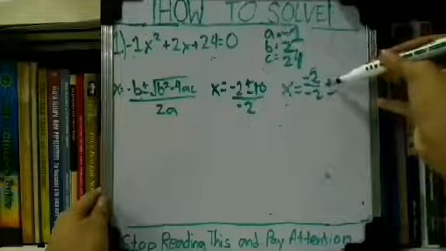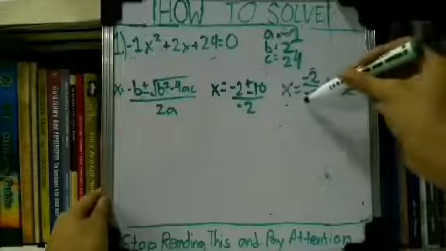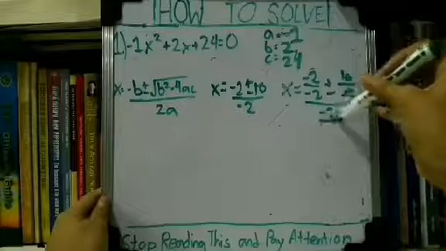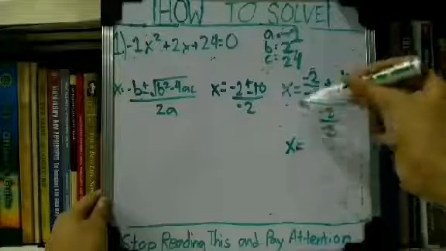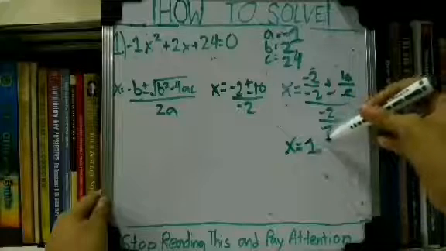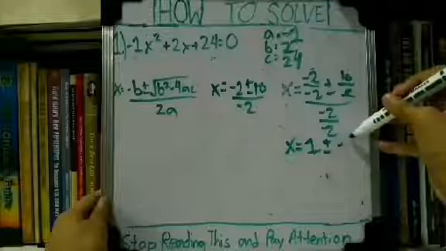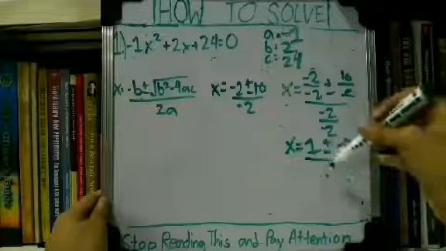So just kind of do this: 10 over negative 2, and also negative 2 over negative 2. With simple solving, you can prove that negative 2 divided by negative 2 is equal to 1 plus or minus negative 5 for 10 over negative 2, and another 1.